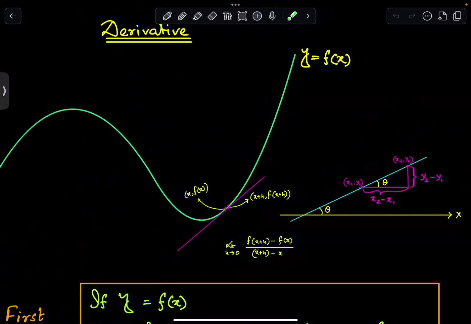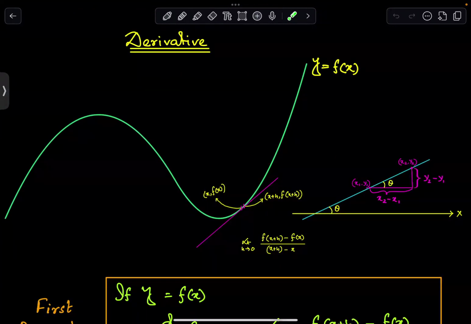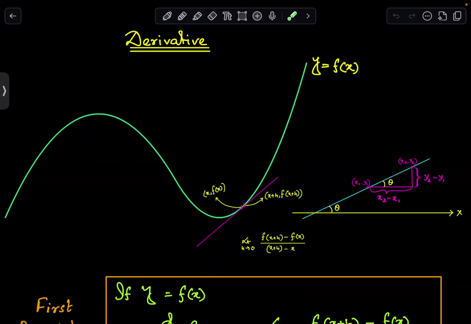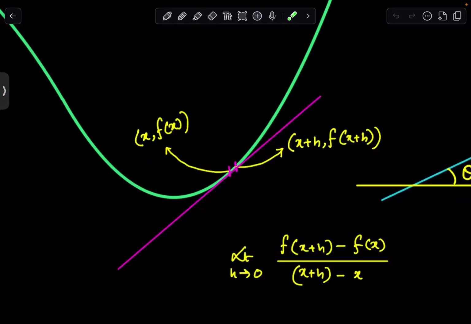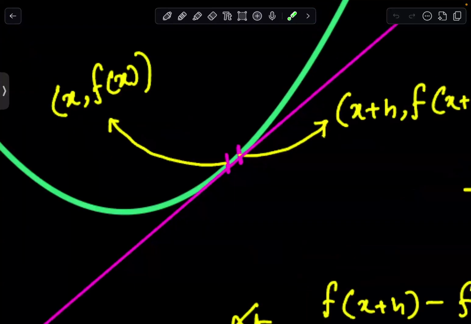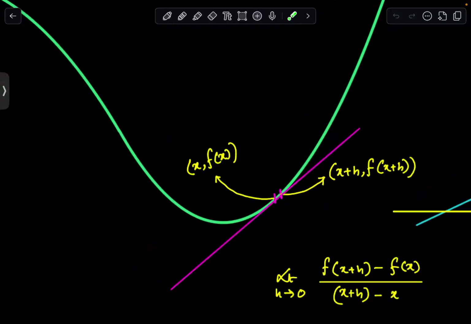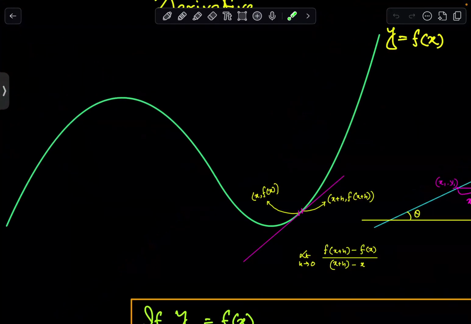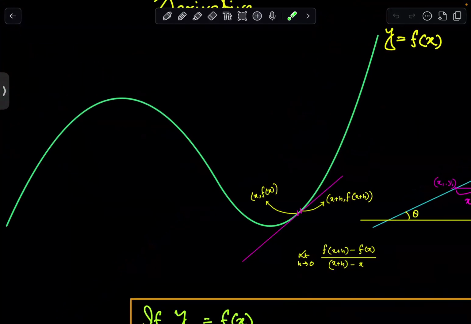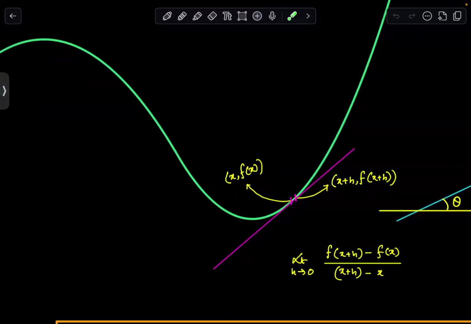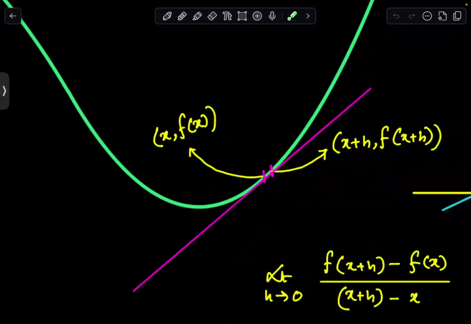Now when we look into curves, they are not always like a straight line, they keep on changing their direction. So for curves, the rate of change is instantaneous. From the curve y equals f of x, which has been drawn in green color, we select a very small part.